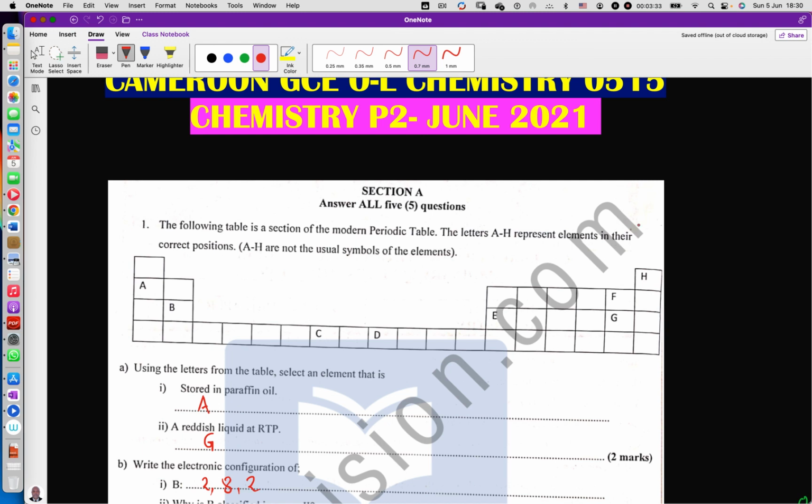It is not fluorine, but usually is bromine. So the element that we can find under group 17 of the periodic table at that position is G. So G is a reddish liquid at room temperature and pressure.